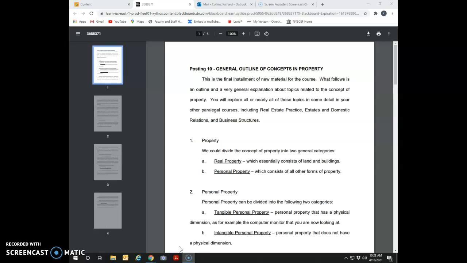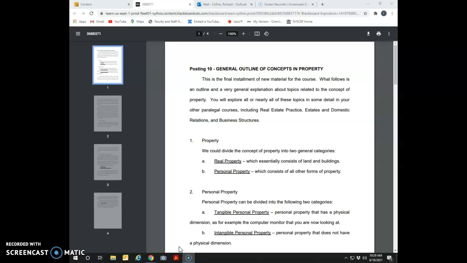The last topic we're talking about is just some general concepts in the law of property. In the real estate practice course, you'll be talking about what we call real property and how real estate transactions work. In the course that has estates in them, and in the business structures course, you'll be talking about personal property in the form of assets of an estate, in the form of ownership interests in businesses and the like.